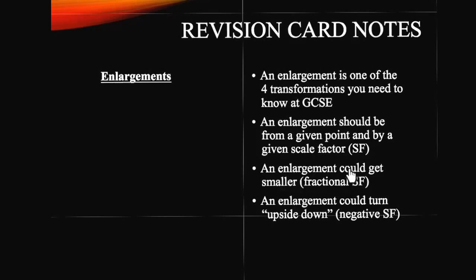Your enlargement could end up getting smaller, which I know sounds weird, but it can happen, and that's if it's a fractional scale factor. An enlargement could turn upside down if it's a negative scale factor. And in fact, these two could be combined. You could have a negative and fractional in one, so don't be surprised if something like that pops up.